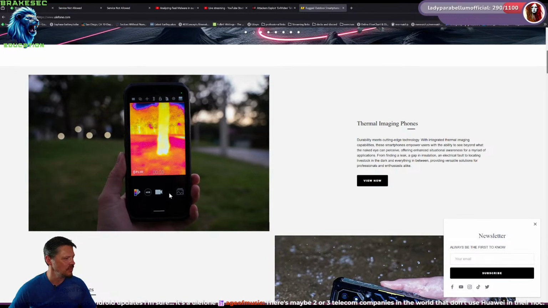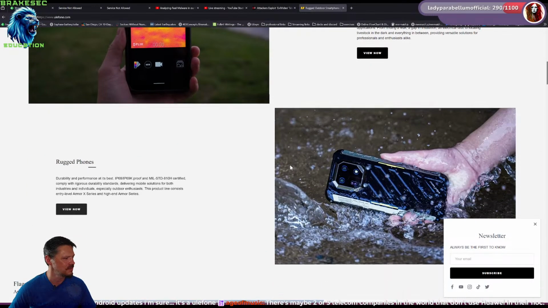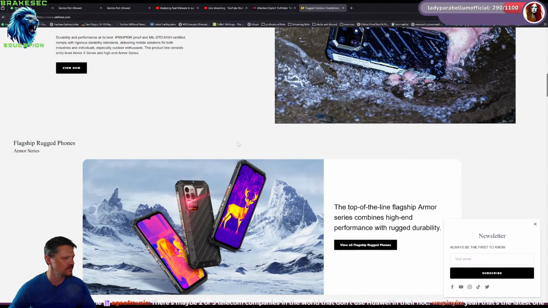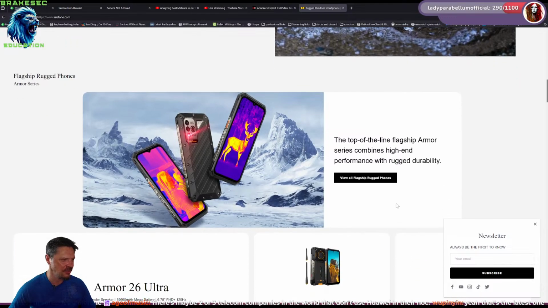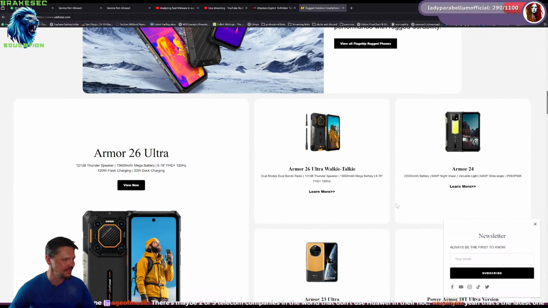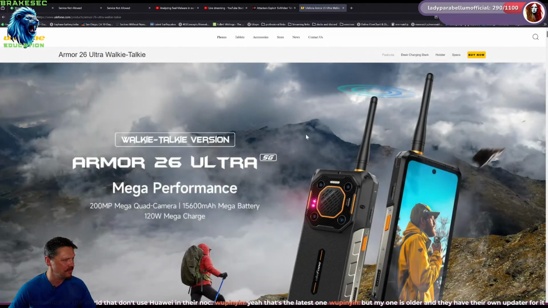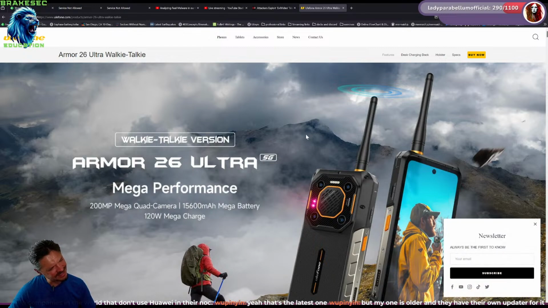That's an interesting UI. Good. You can put it in water for whatever reason. Armor series, high-end performance and rugged durability. Ultra walkie-talkie, so it's got an external. Interesting. So it's got an antenna that you can add to it.